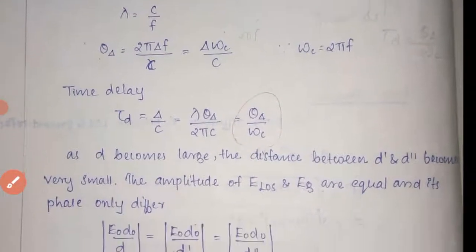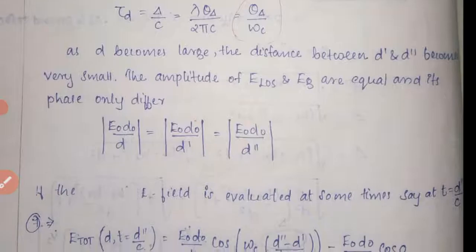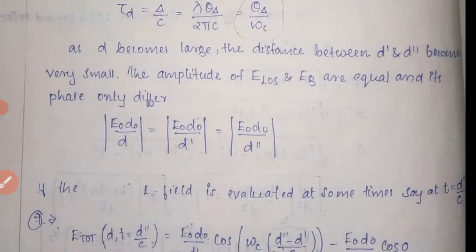Suppose for the transmitting antenna and receiving antenna, the distance is d, the line of sight distance is d dash, and the reflected distance is d double dash, right? Consider one case: if we increase the distance between the transmitting antenna and receiving antenna, d will become very large. So what about the values of d dash and d double dash?